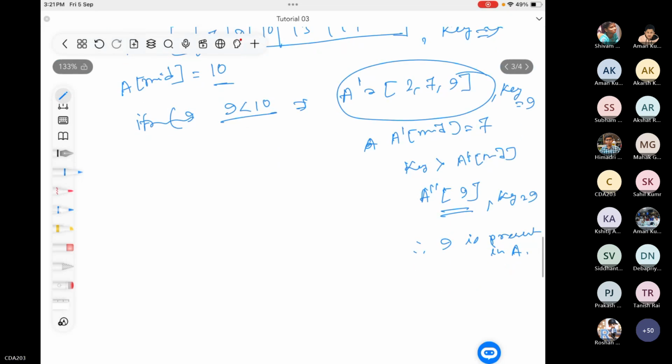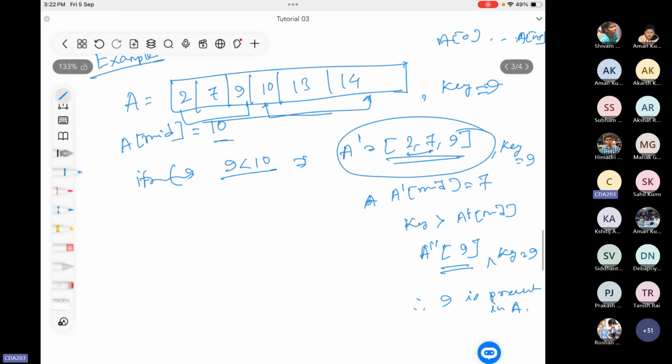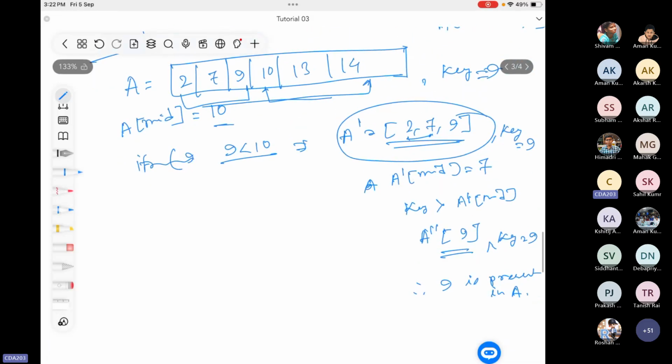So see, you started with this array, then you discard all this part and just take this part, which is almost half of it, and then you again discard almost half of this, and you come up with the solution, whether it's present or not. You can take any key element.